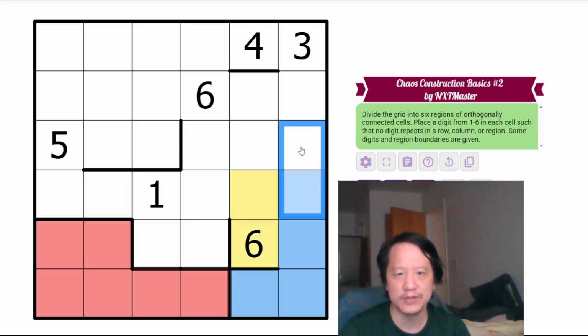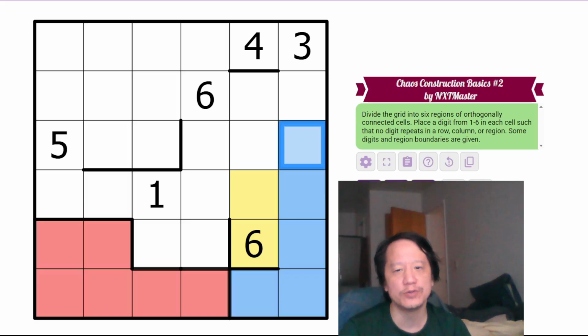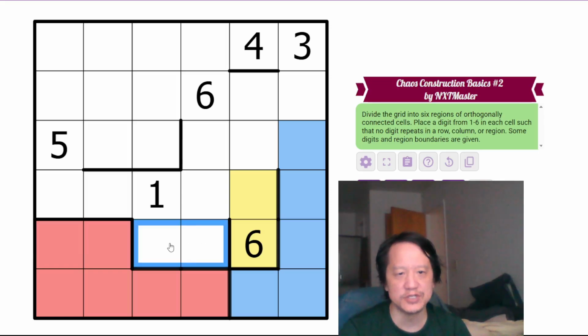So it has to go out that way, which means this 4-cell region to expand has to go that way because it's 5 cells, right? So then we have that. This is a different region than this. So this has to be pink or a different region. So blue has to go either that way or that way. We're not sure.